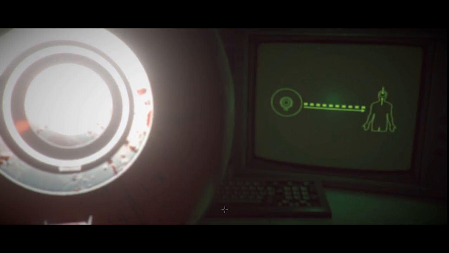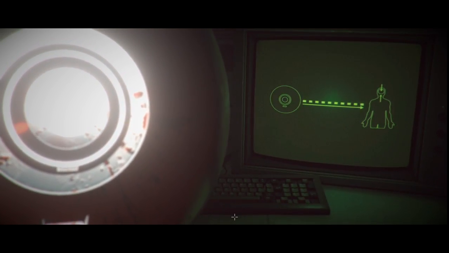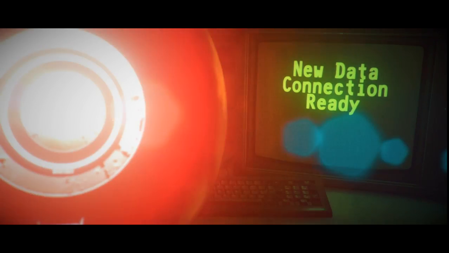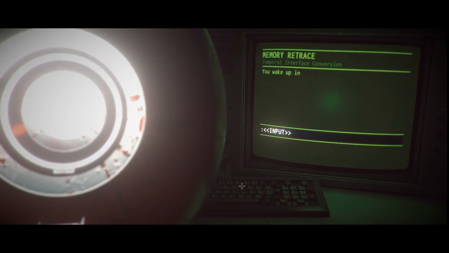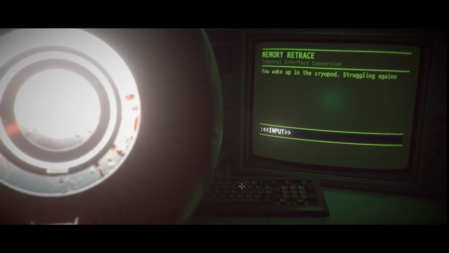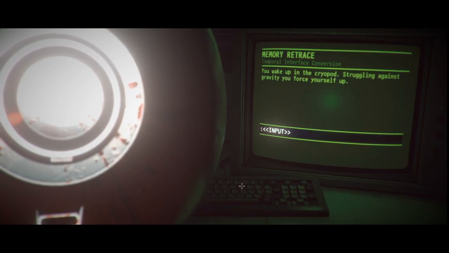The visions will translate onto the screen to be something that you can understand, that you can play out. Memory trace, temporal interface conversion.